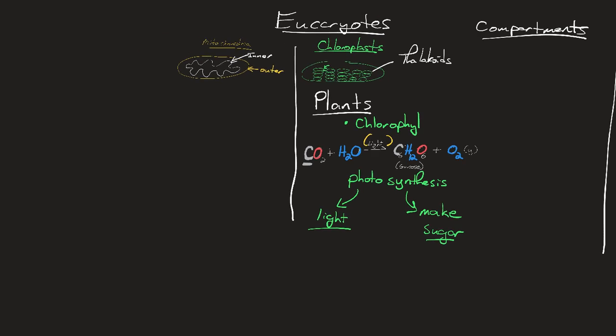So in any case, mitochondria do the opposite, right? So mitochondria take oxygen gas from the air and they add it to what? What are we going to add to if we're doing the opposite?